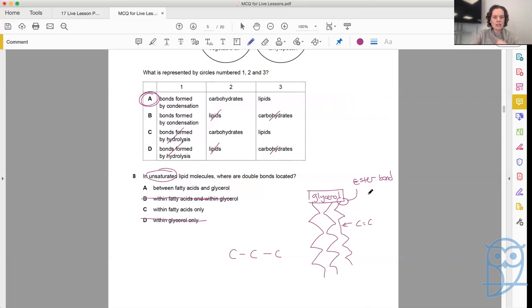And there is definitely no double bond involved in the carbon-carbon with the ester bond. So it's not A, which leaves us C. We are sure that the double bond in unsaturated lipid molecules is just within that fatty acid molecule, where you have that carbon-to-carbon double bond, which gives us the kink, which changes the whole fluidity of that lipid molecule.